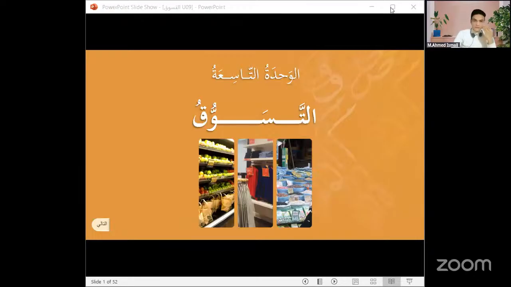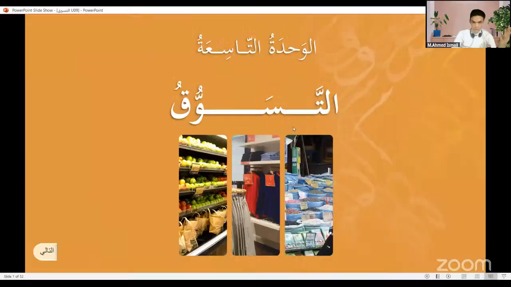The 8th unit, it's الوحدة التاسعة. It spoke about التسوق. And the word تسوق, I think you can look at the word here, and maybe guess what this is. You have here something like a supermarket, and this, I think, maybe a mall or a clothes shop.